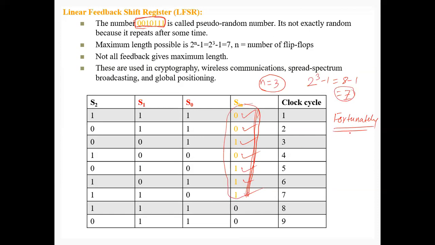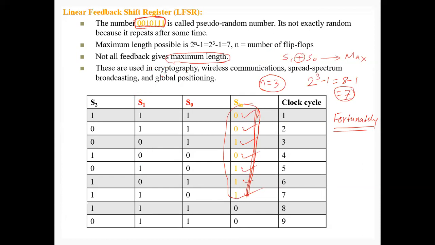It doesn't mean that we always get the maximum, okay? Not all feedback gives us maximum length. Our particular feedback, S1 plus S0, XOR S0, gave us maximum. But if you choose some other feedback, it might not give you maximum length, okay? That's what I'm saying.